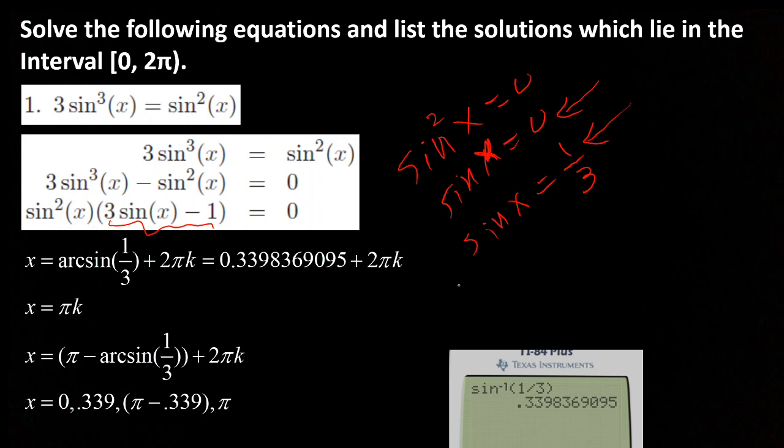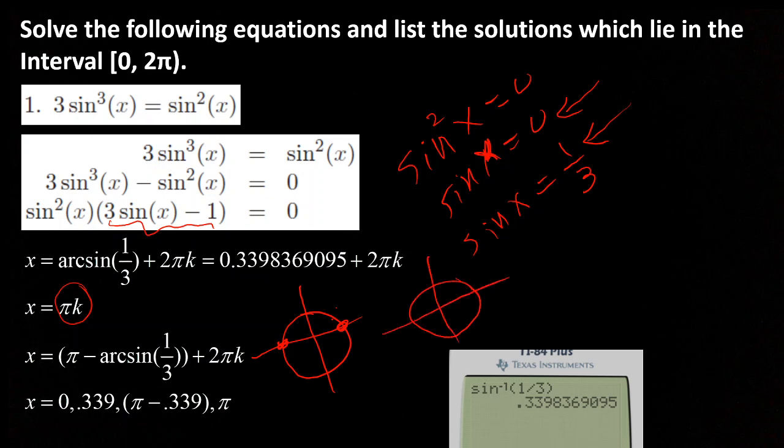Either sine is 0. When is sine 0? Here and here, which is basically k pi: 1 pi, 2 pi, 3 pi, negative 1 pi. So that's what it is. Or sine x is 1/3, 1/3 is about here. Well, we don't know what that number is, but we can find it with a calculator or leave it as just sine inverse of 1/3.